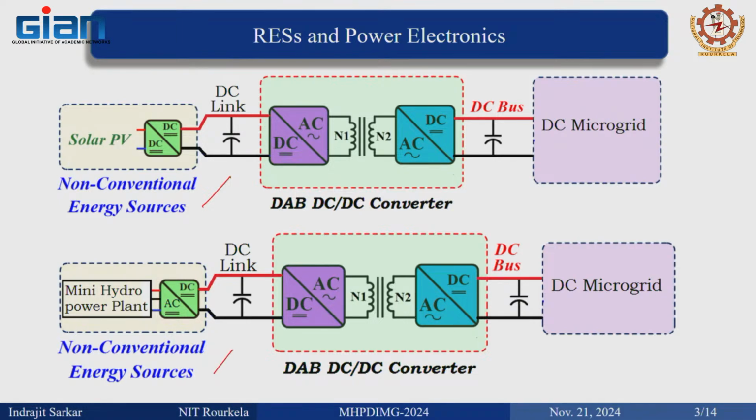Now, in this figure you have a DC microgrid for both the cases, then you have solar PV or you can have a mini hydropower plant. Here sits the DAB converter, dual active bridge converter. Before that let me explain the components one by one.